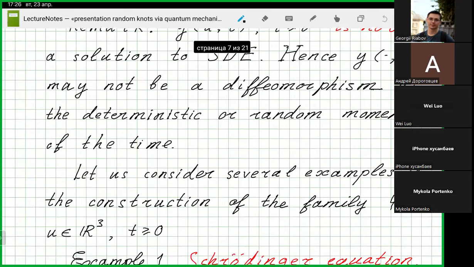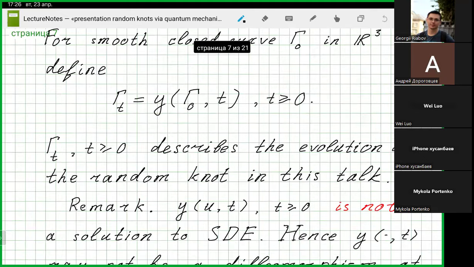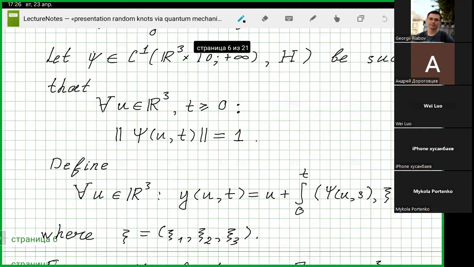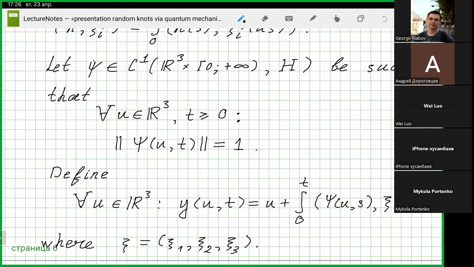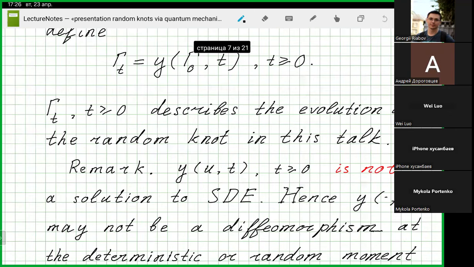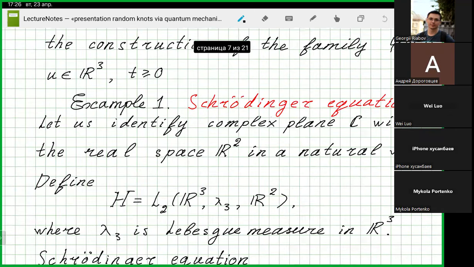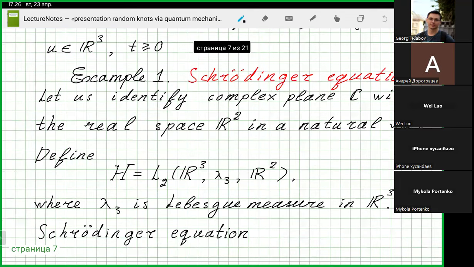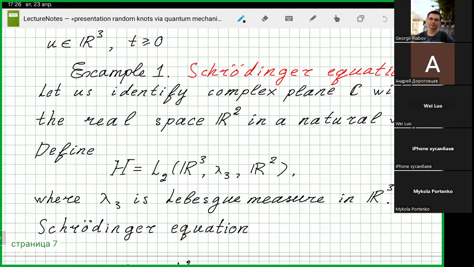Now let us consider several examples. Maybe when I wrote this norm of psi(u,t) equal to 1, you recall the Schrödinger equation. So let us consider as a source of our functions Y a Schrödinger equation.